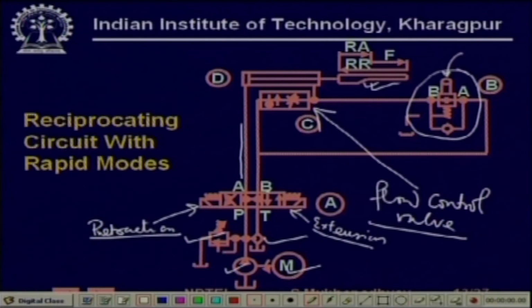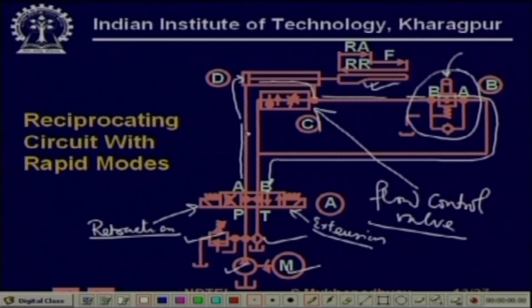During the extension, fluid flows into this end, it comes out of this end, and since the cam is not operated, this is a short. So, it returns directly, there is hardly any resistance, direct short. So, this starts advancing very fast, that is called the rapid advance.